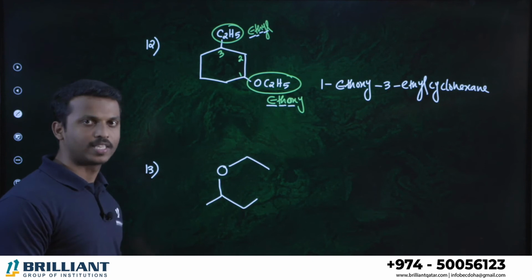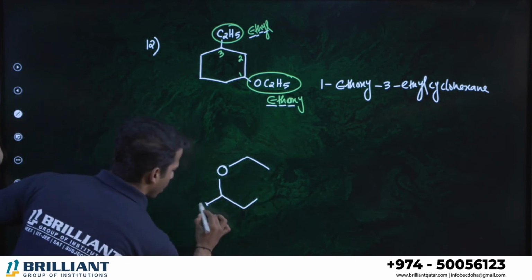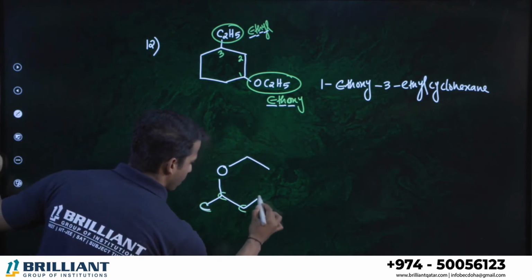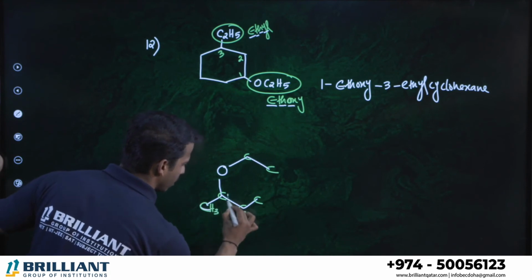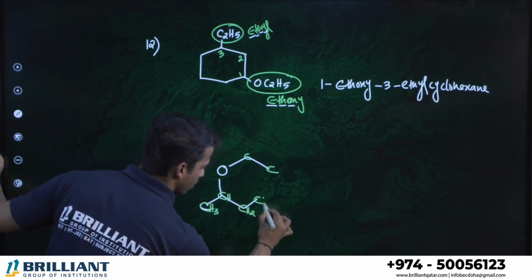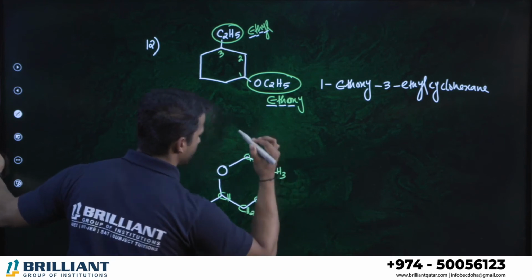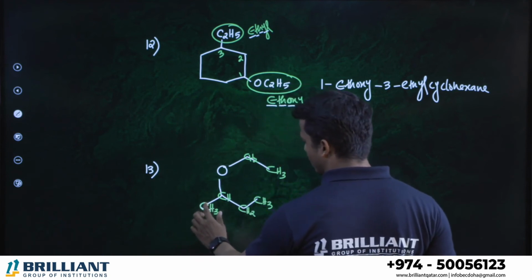What about this compound? It's a bond line representation. Let me make it into the normal format. Yes, possible. This carbon, carbon, carbon, carbon, carbon, carbon. What is this carbon? CH3, CH, CH2, CH3, CH, CH3, CH2. Okay, I'm starting from this CH3 carbon.